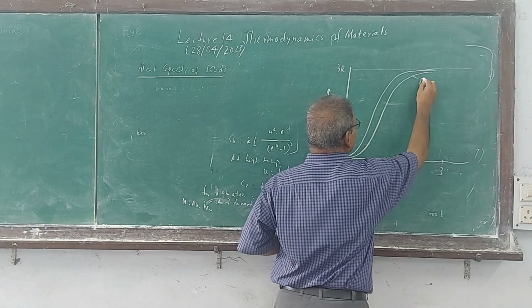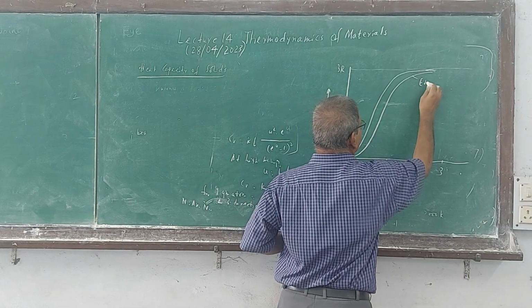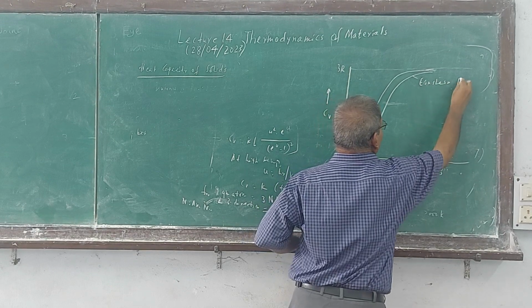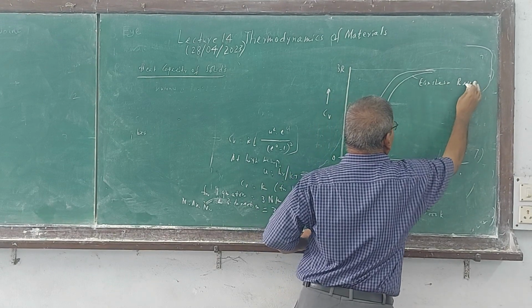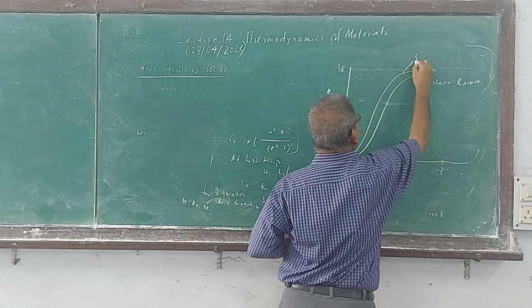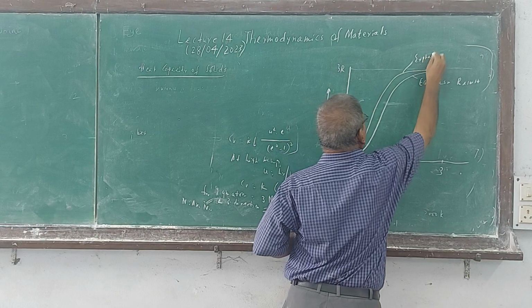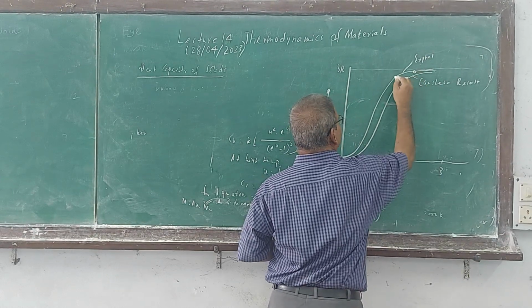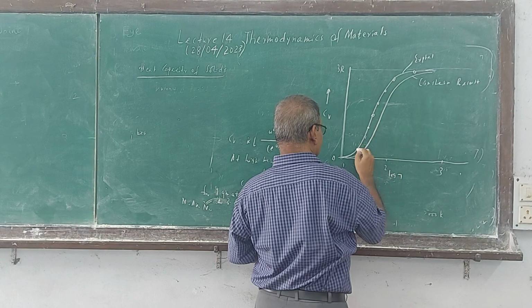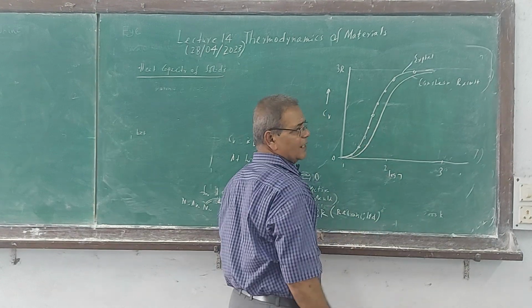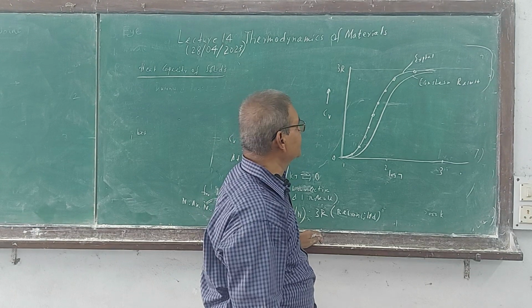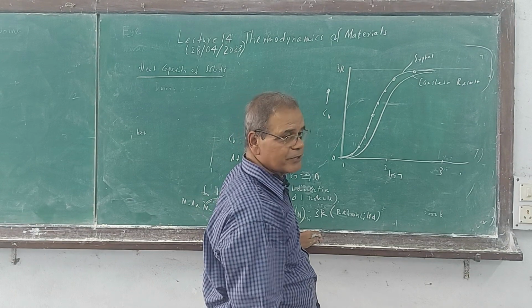This is the Einstein result. This is the experimental data. So there is a difference. There is actually a drift.